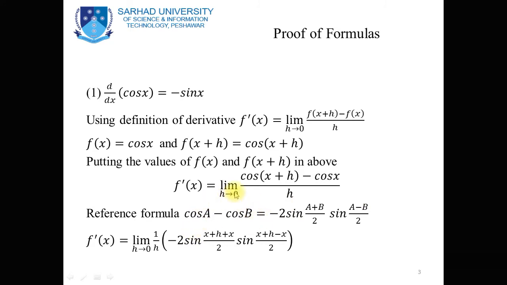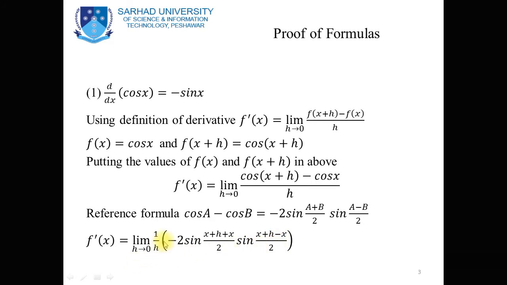Now in this problem, A represents x plus h, and b represents x. So cos of x plus h minus cos x will be equal to minus 2 sin of (x plus h plus x) divided by 2 into sin of (x plus h minus x) divided by 2.